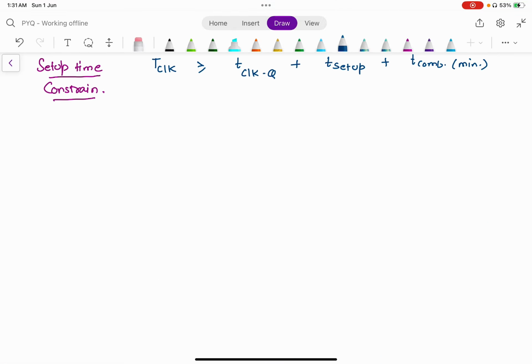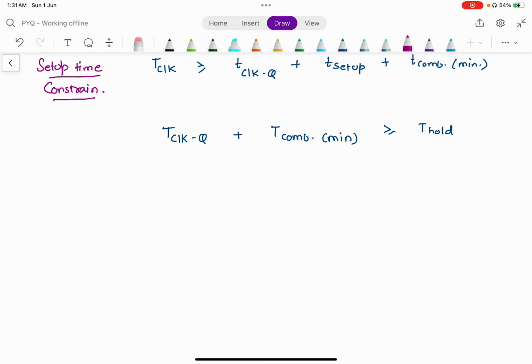And what is not asked in the question, but you should know this, is that by default this condition is already satisfied. The next condition is T clock to Q plus T combinational minimum time should be greater than T hold time.